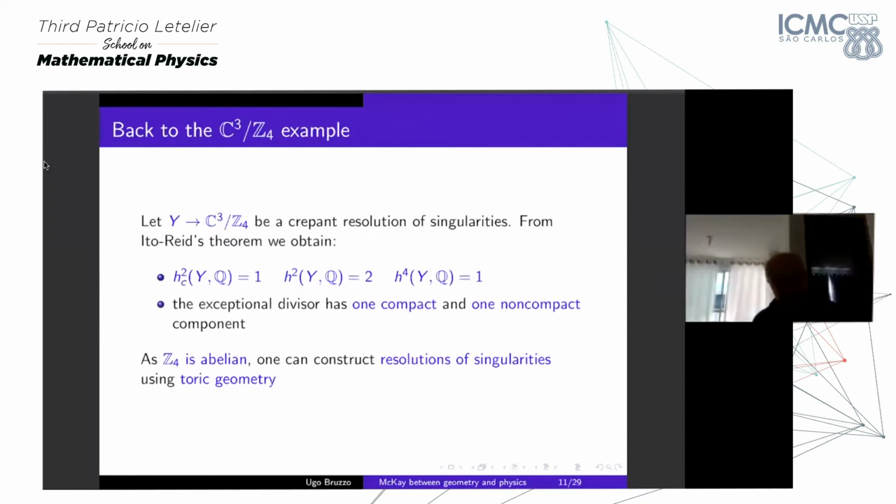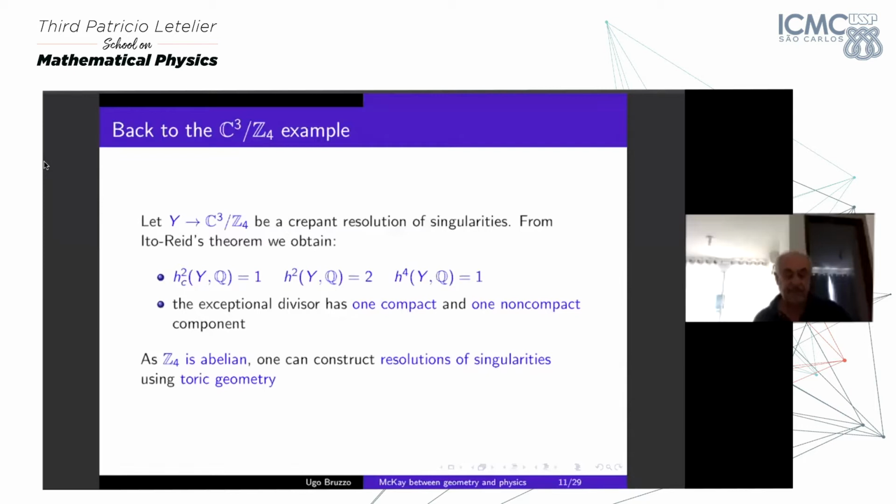From the theorem, you forgot to say that to Ito and Reid, we realize that the fourth cohomology is one-dimensional, the second cohomology is two-dimensional, and therefore H2 compact is dual to H4, and therefore it's one-dimensional as well. So again, the exceptional divisor has one compact and one non-compact component.